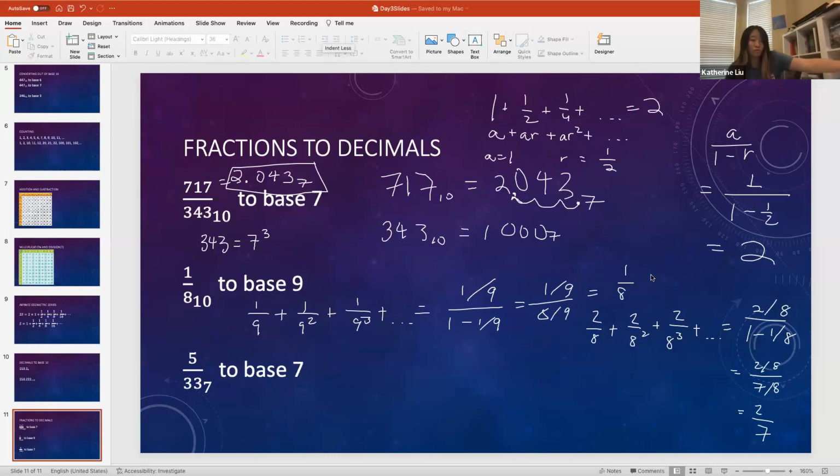So we got our 1/8 that we wanted, but what exactly is 1/9 plus 1/9 squared plus 1/9 cubed, etc. in base 9? That's actually just 0.1 for the 1/9, and then 1 for the 1/9 squared, and then 1 for the 1/9 cubed, and on and on and on. So it's going to be 0.1 repeating, base 9. Yay.